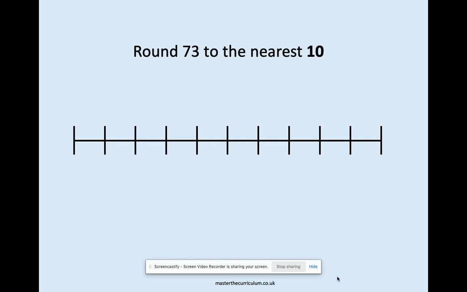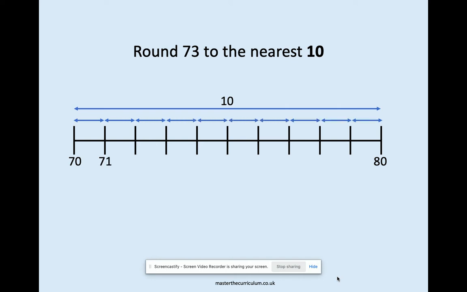Now let's round 73 to the nearest 10. You can use a number line to help you. On my number line, because I want to round to 10, I'm going to count in from 70 to 80. Every little line in between is worth 10 altogether, but the space between the little lines equals 1.